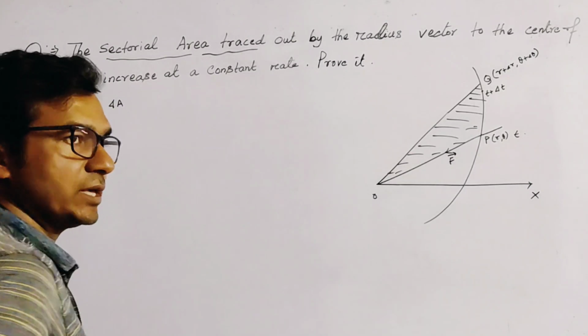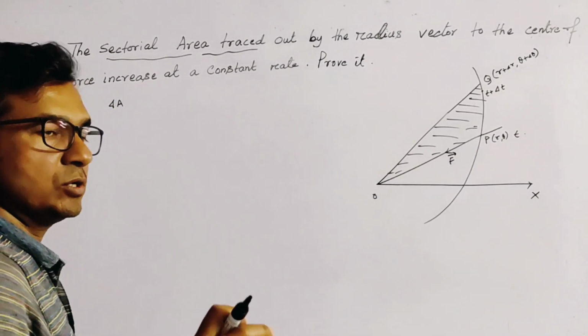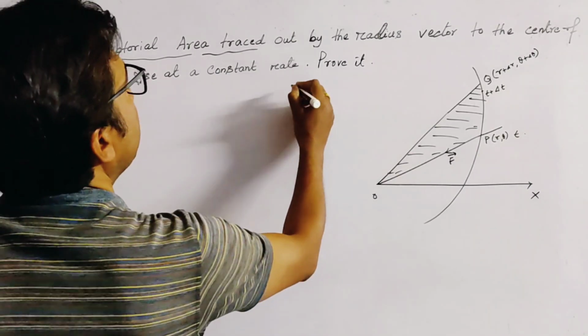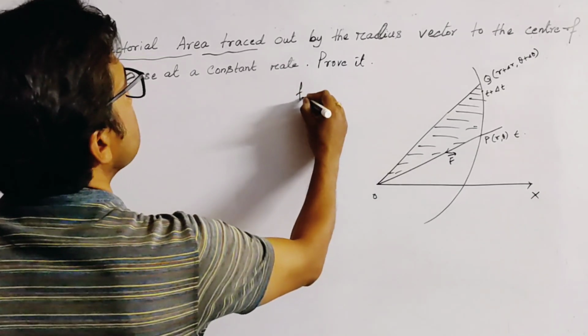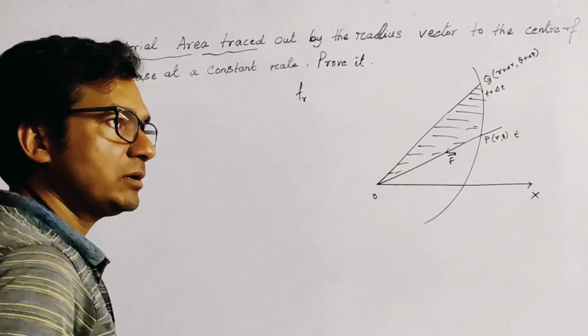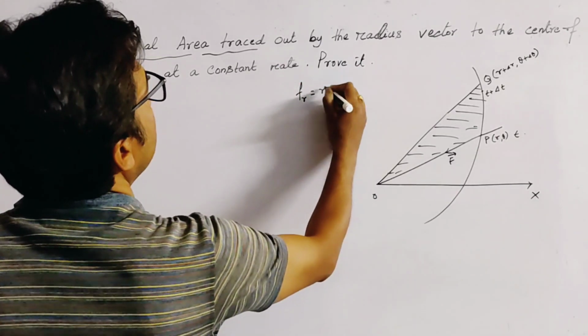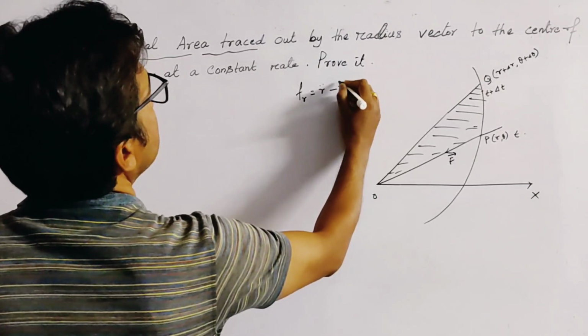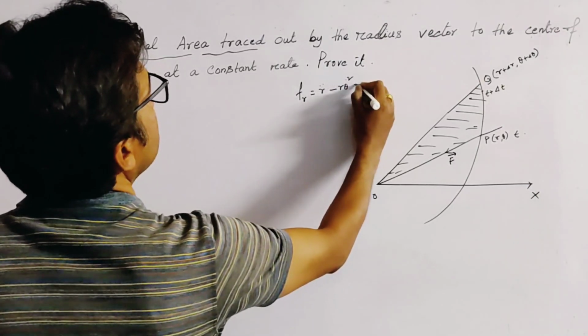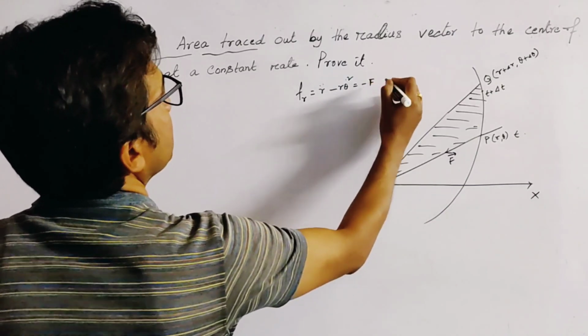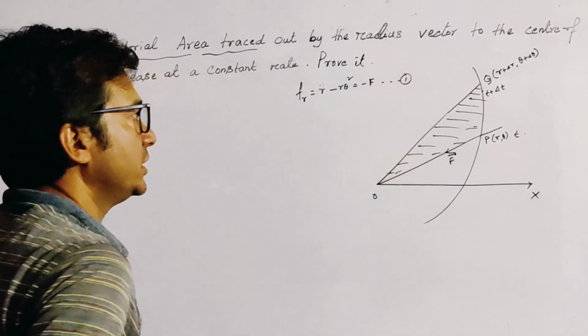So we know the equations of motion under a central force. The radial equation of motion is F_r, which is r double dot minus r theta dot square, equal to minus F. This is the first equation.